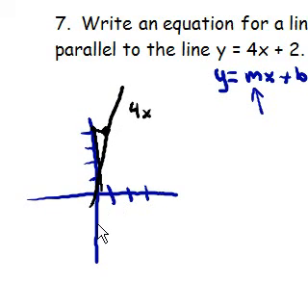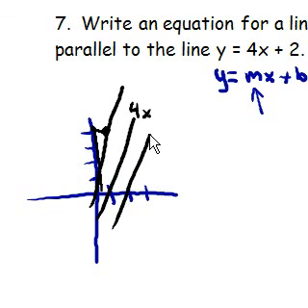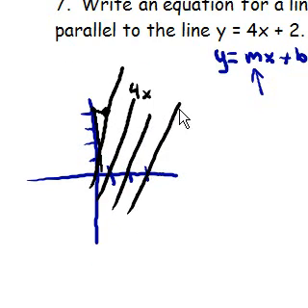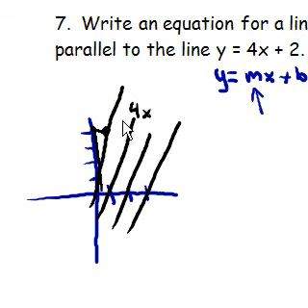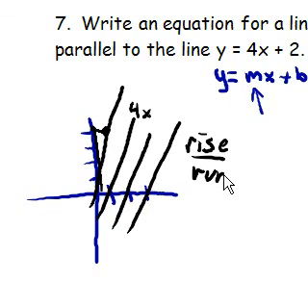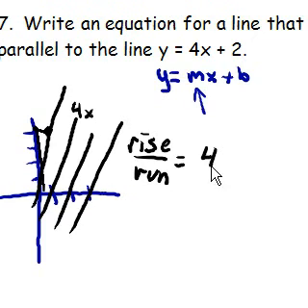Now, aren't there several lines that are parallel to this one, and this one, and this one, and they all have the same slope? Thus, they all have the same rise over run, which equals 4. Aren't there a lot of lines like this?